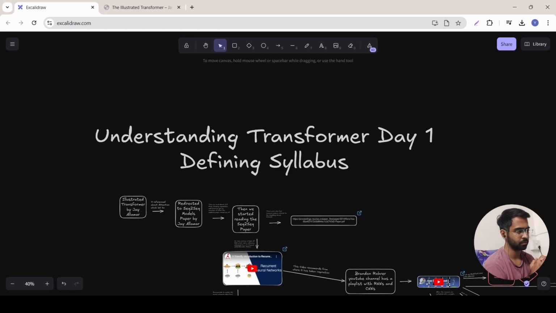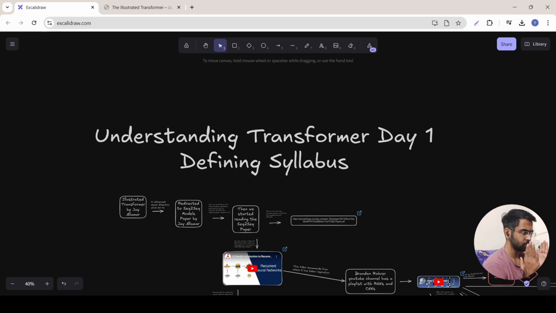To be very honest, I first thought transformers were the converters that increase or decrease voltage. What? Yeah, genuinely, I'm telling you. But then I got to know that this is an architecture on which LLMs are based.